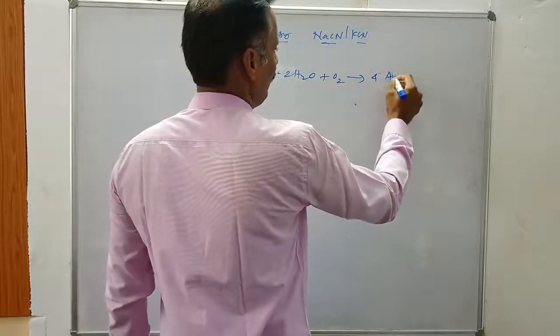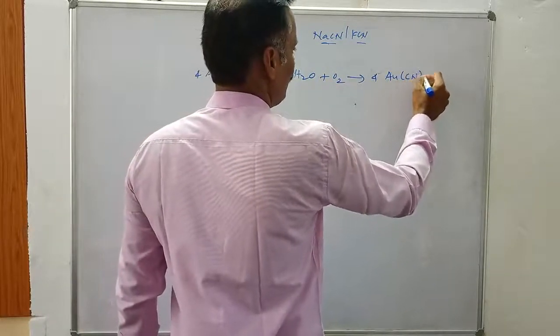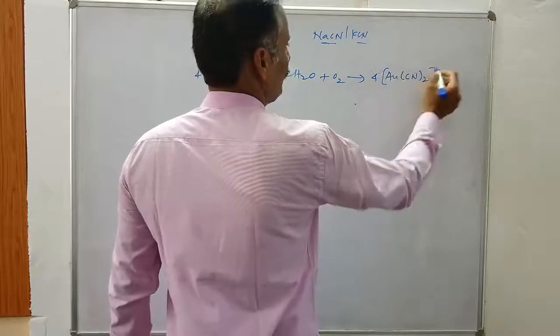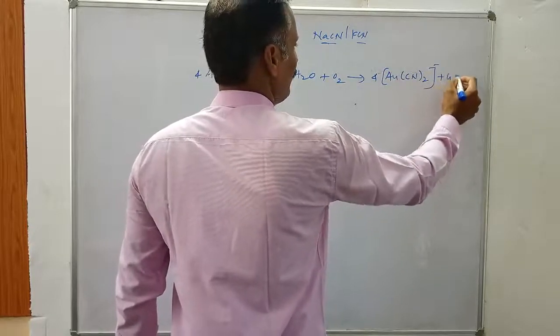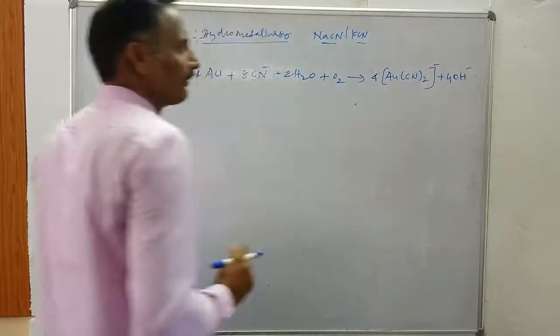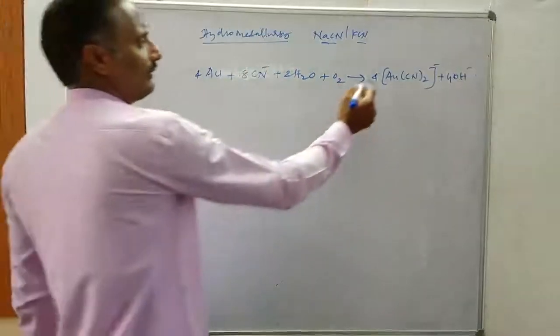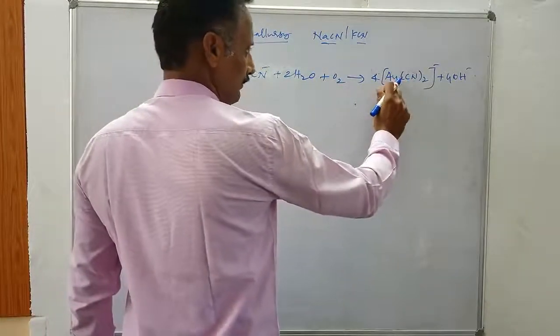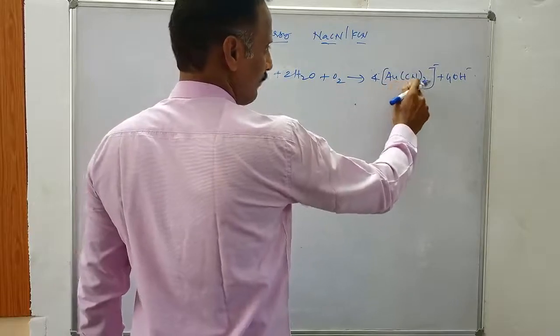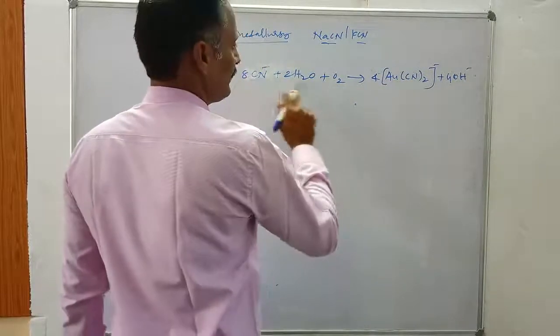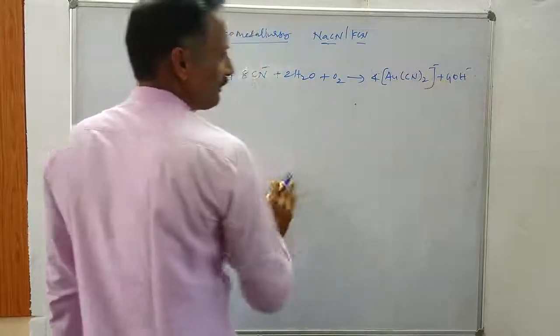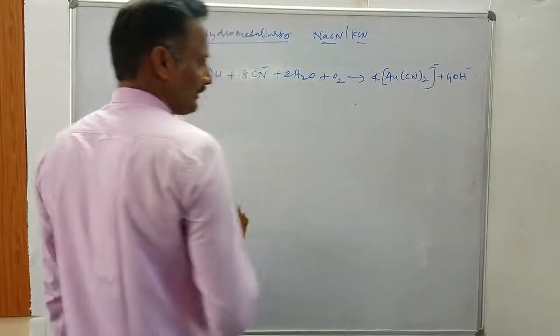You will get Au(CN)2 minus, along with 4OH minus. The reaction is 4Au plus 8CN minus plus 2H2O plus O2 gives 4[Au(CN)2] minus plus 4OH minus. This is called the cyanide complex.